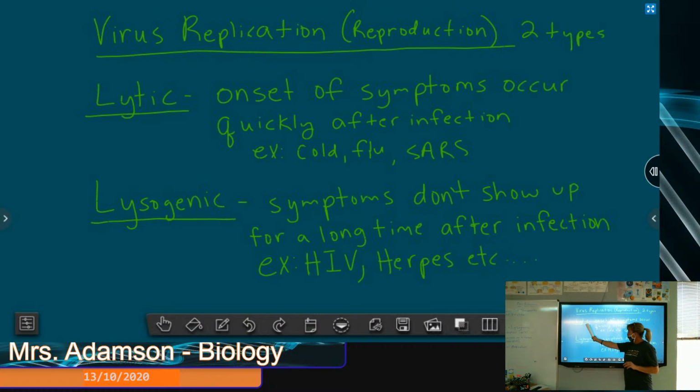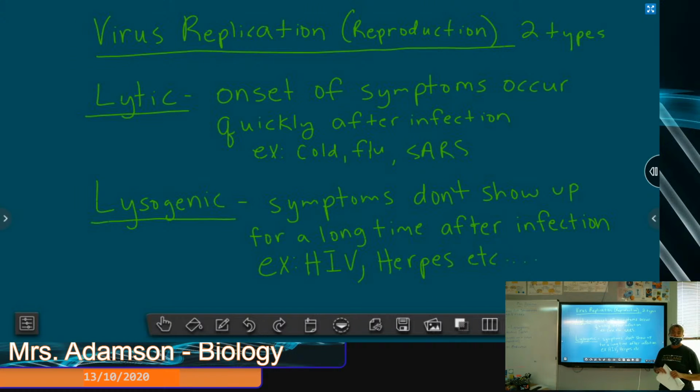That would be your lytic cycle, which means basically the onset of symptoms occurs quickly after infection. Within 2 to 3 days, you're going to get symptoms after you've been infected. Your examples are cold, flu, and SARS. Your coronavirus falls under this lytic because within 2 to 5 days of infection, you're going to get symptoms, if you get symptoms at all.